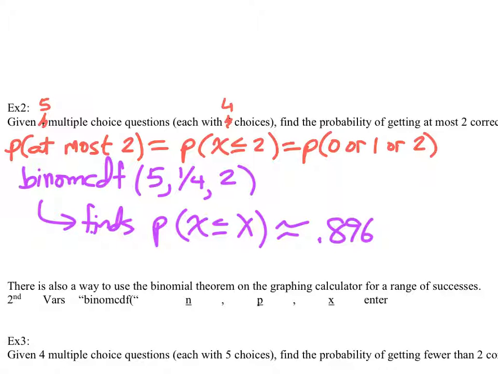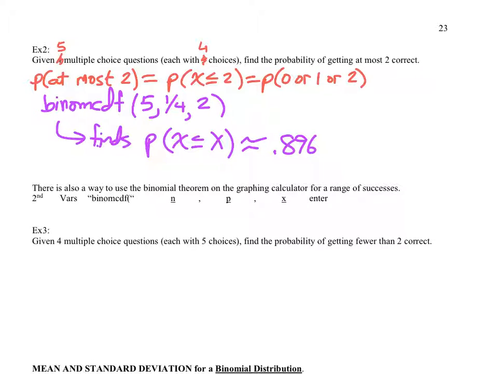You'd have to add these together in order to get that result. Not difficult, but if there's an easier way, why not? The thing is, it's not like normal CDF where you can select an interval of values. You can go to the left, you can go to the right, you can go in between. This is specifically values to the left of a given x value, less than or equal.